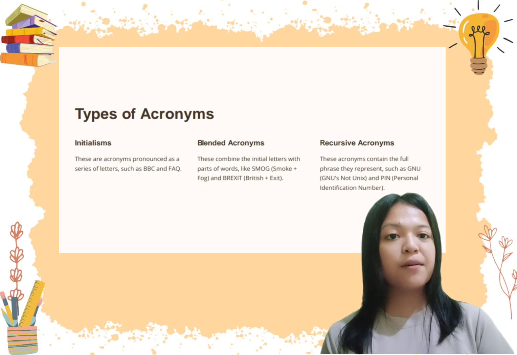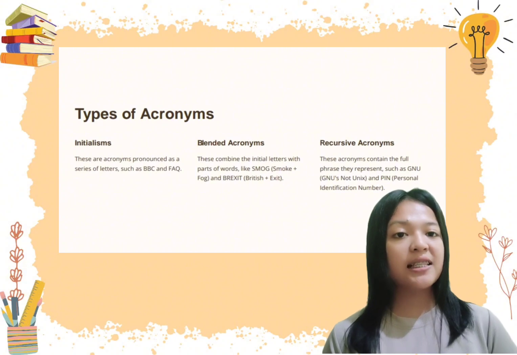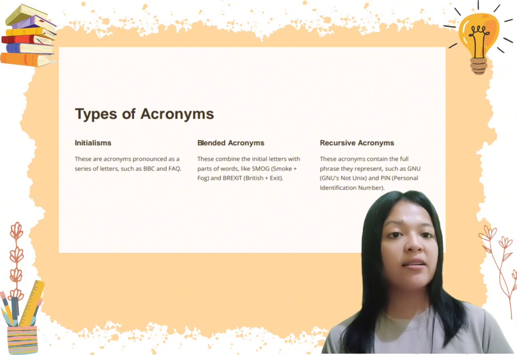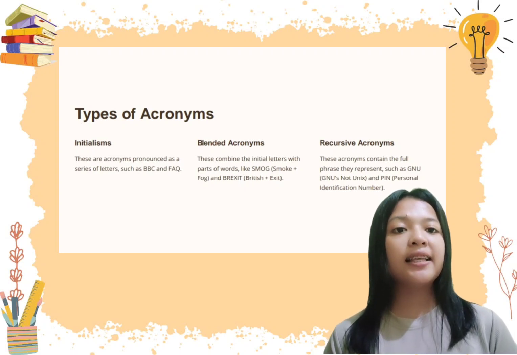Okay, next point is types of acronyms. There are three main types of acronyms. The first is initialism. These are pronounced as a series of letters, such as BBC or FAQ. Two, blended acronyms.